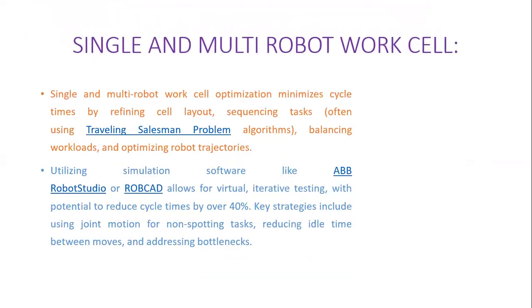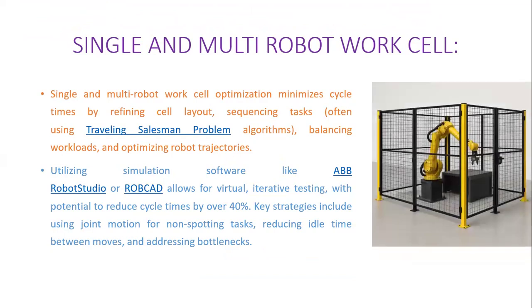Now let us go with the core theme of the presentation. Before moving to the different types of work cell layouts, I would like to give a simple understanding about what we mean by a robotic work cell layout, and how that will be illustrated graphically. Work cell is nothing but a closed cabin or a closed fencing.